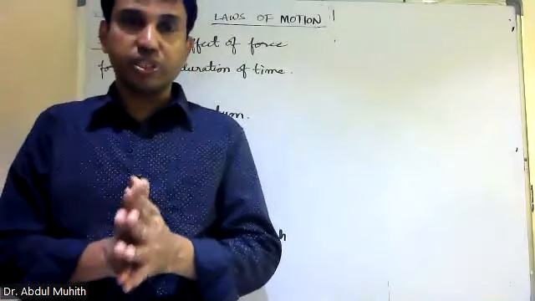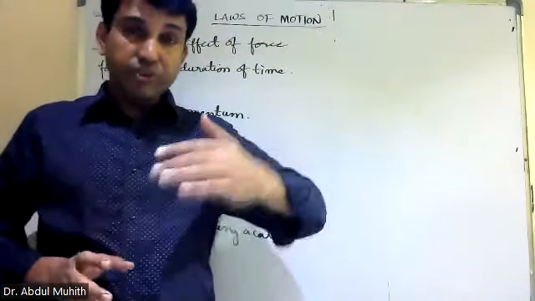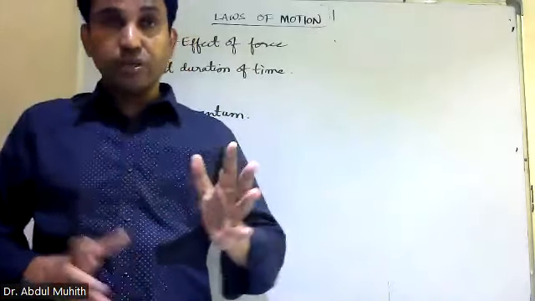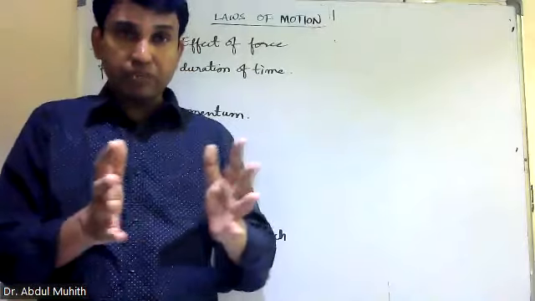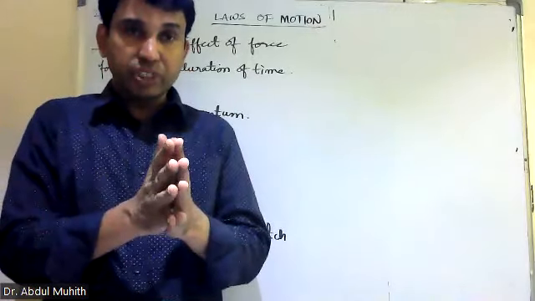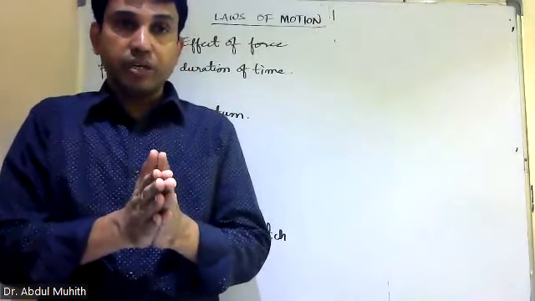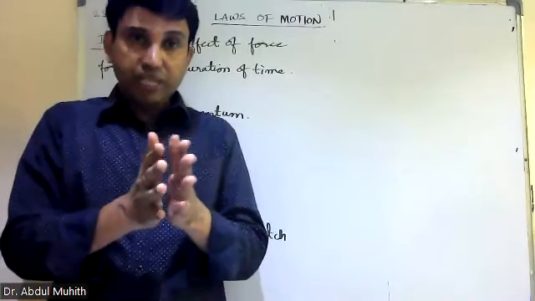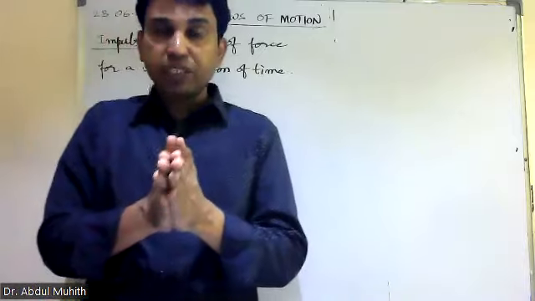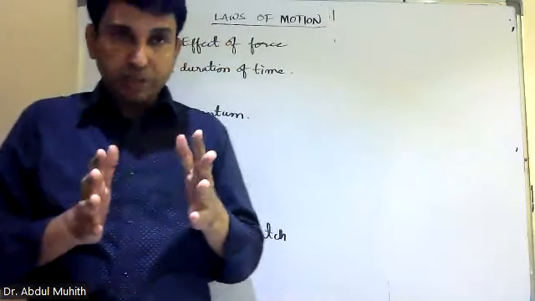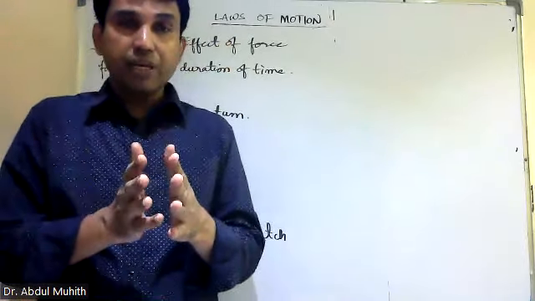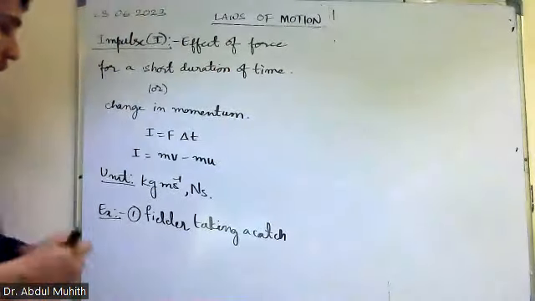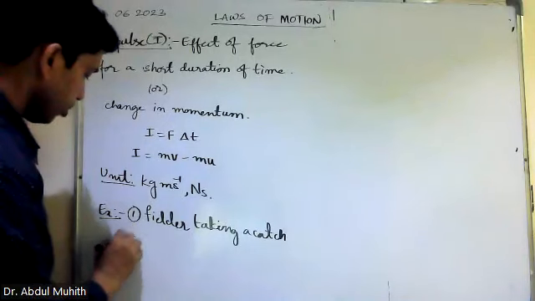Why? Because when you are carrying crockery or electronics, due to vibration or impact, if nothing is there, they will hit each other and break. By placing that, we are giving some time for the impact to be absorbed. The more the time, the less will be the impact on the object. Clear? So I'll write here, the second example is crockery.